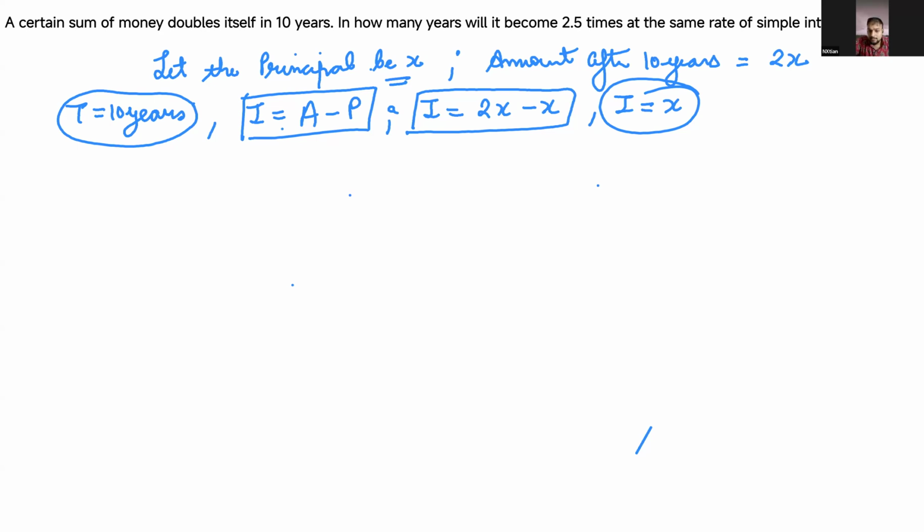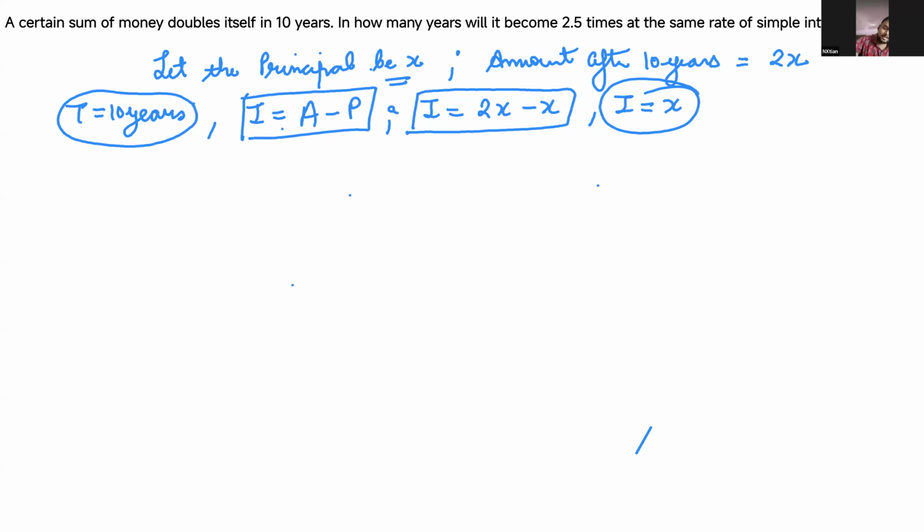If after 10 years the amount becomes 3 times, then the interest will become 2x, because 3x minus x is 2x. So it's not that the principal is x and the interest also becomes x. We have to see the question and solve it to find the value of interest.